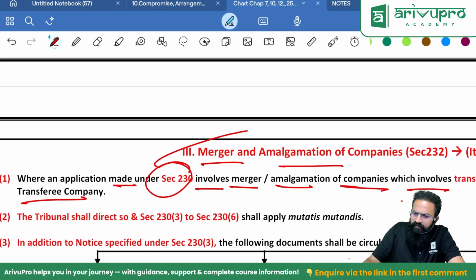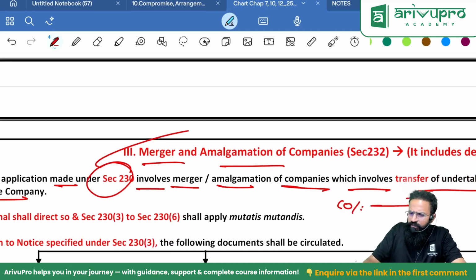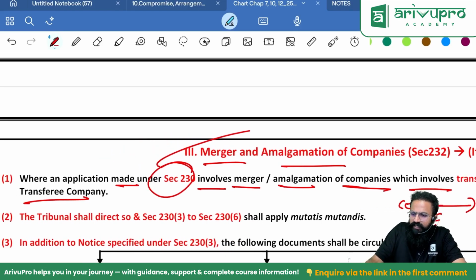What is it, sir? We are filing an application to the tribunal. For what? There we saw compromise, arrangement, takeover. We are adding one more, merger and amalgamation.